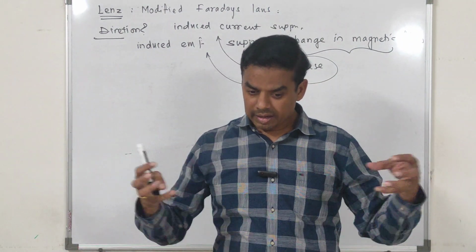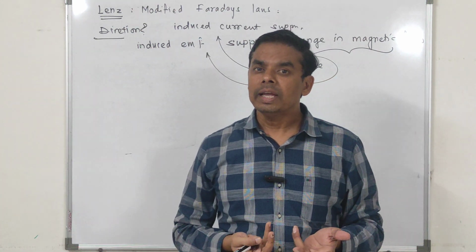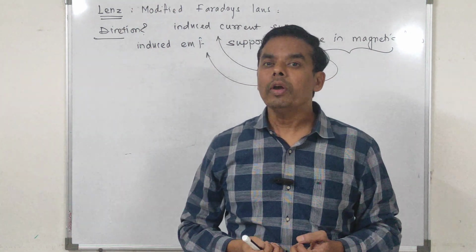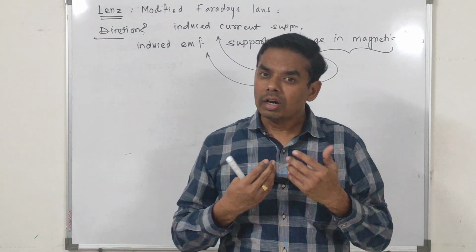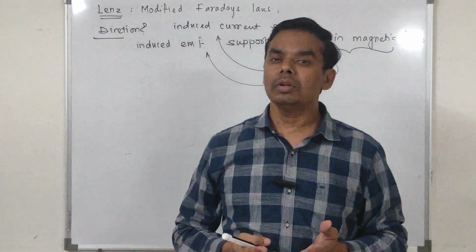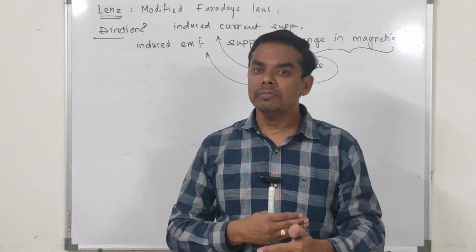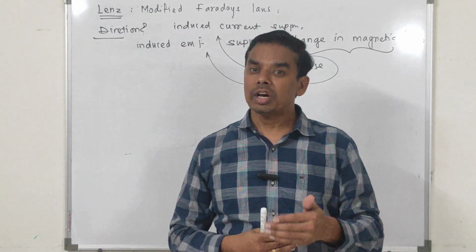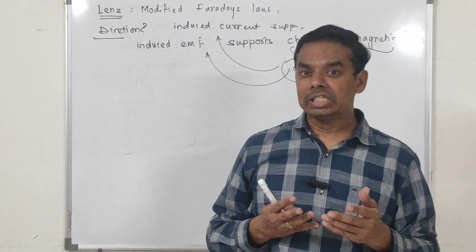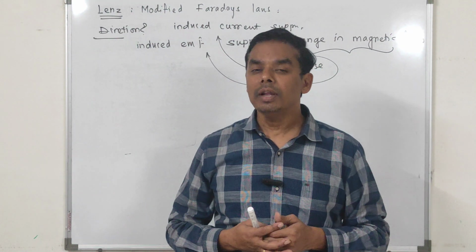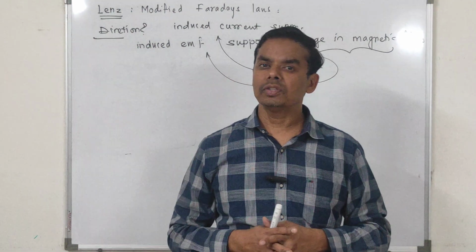There is just a relative motion between coil and magnet, and we are not transferring any energy directly to the coil, yet there is a continuous increase in magnetic flux, induced EMF, and current. So we are not supplying any actual energy to the coil, and still we are getting more and more energy in the coil, which is definitely a contradiction to the law of conservation of energy.